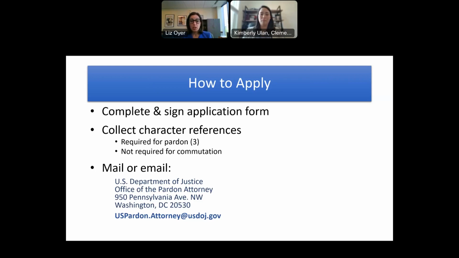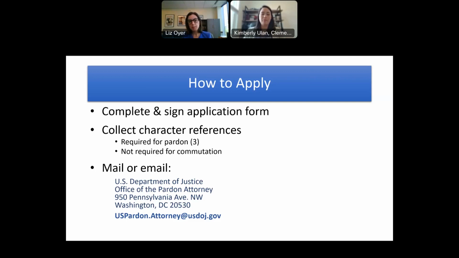In the case of commutations, letters of support are accepted, but they're not required. So if an individual has family members in the community who want to write in support of their application, that's perfectly appropriate, and those letters can be sent directly to my office, but it is not required to have those additional letters. The character references are only required for pardon applications.